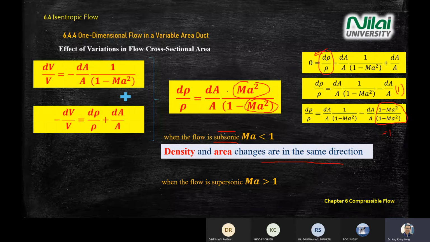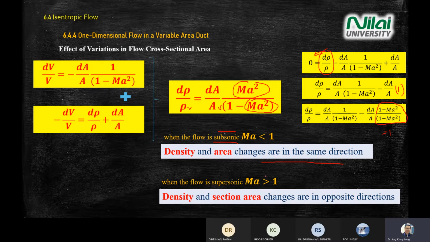What does it mean? It means if you change A, something will change to density here. Okay, if you change A, something will change to this one, and so forth. However, if your Mach number is more than 1, what happens? If you have more than 1, then you get a negative value for this term.